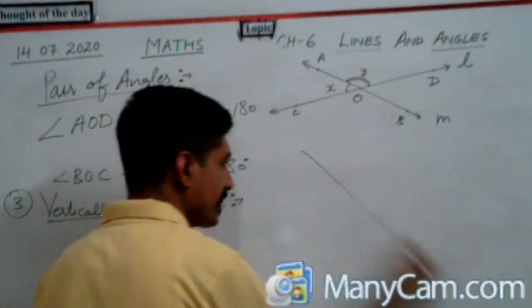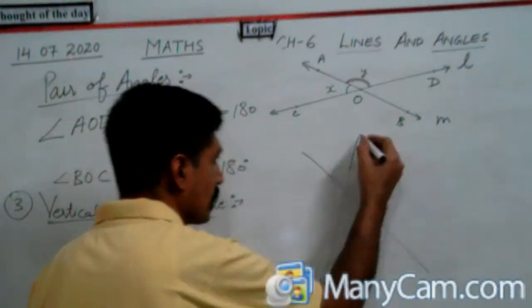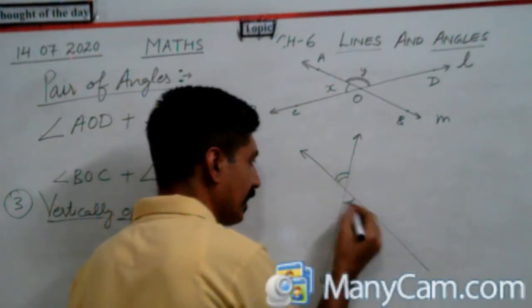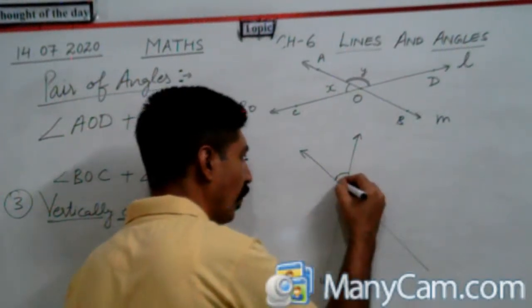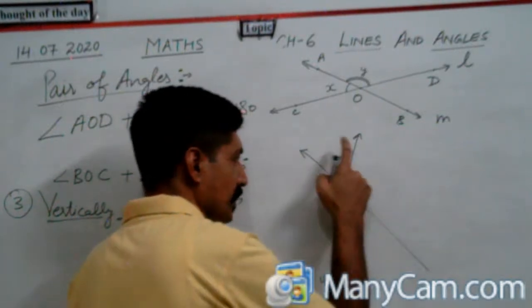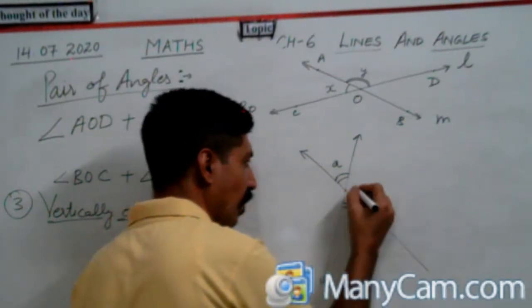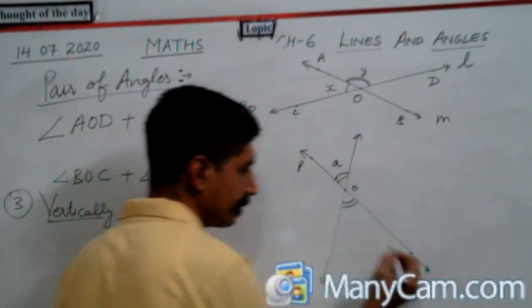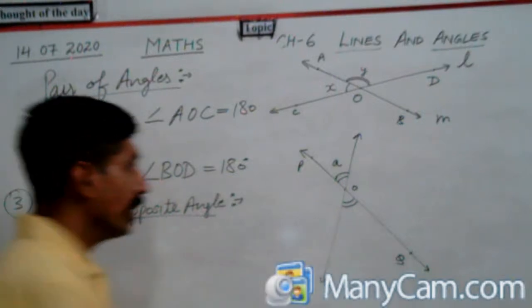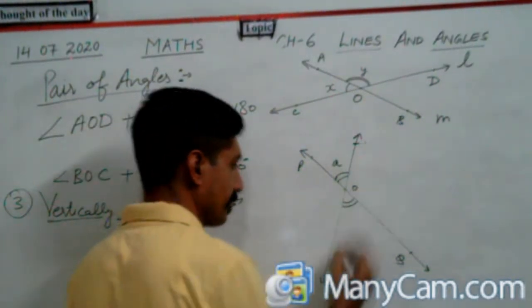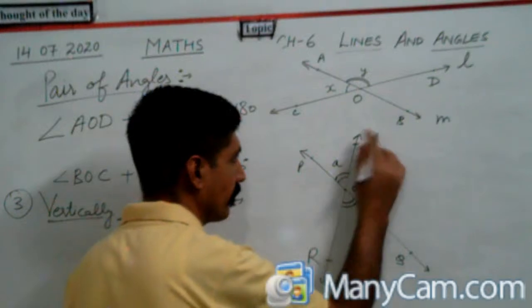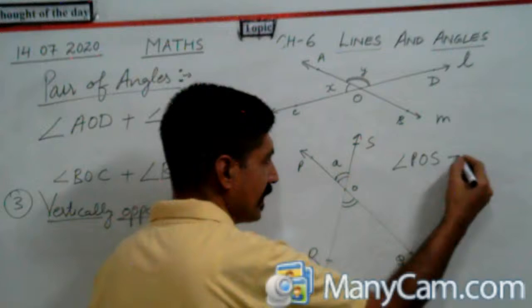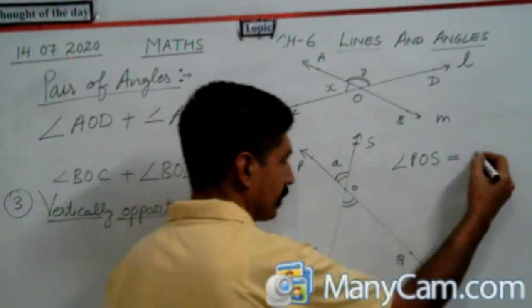When we have two intersecting lines, so here this angle and this angle, these two angles are called, let one angle be A. This point is O, right? This is P, Q here, and this is R, S. So we always have angle POS equal to QOR.